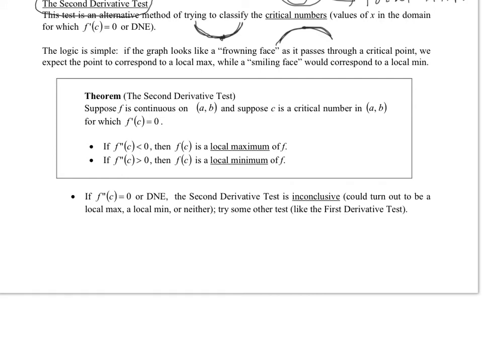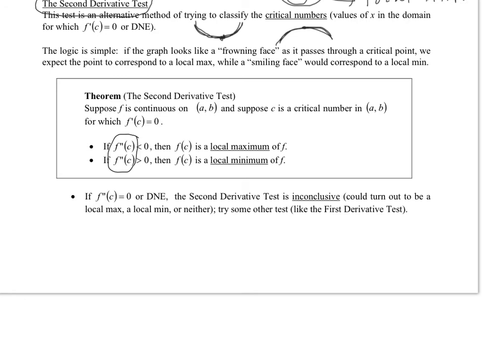Suppose f is continuous on some interval (a, b), and suppose the number c is a critical number that lies in that interval somewhere, and suppose it's a critical number for which the first derivative is equal to 0. What we do is we compute the function's second derivative, and we plug that critical number directly into the second derivative.